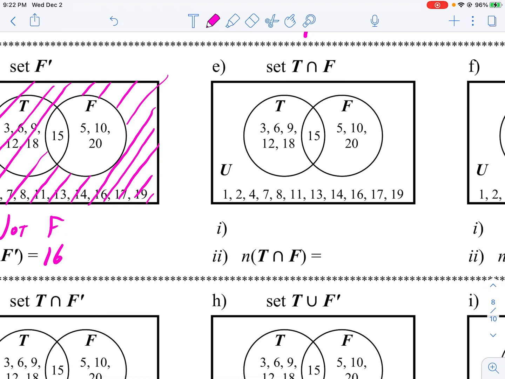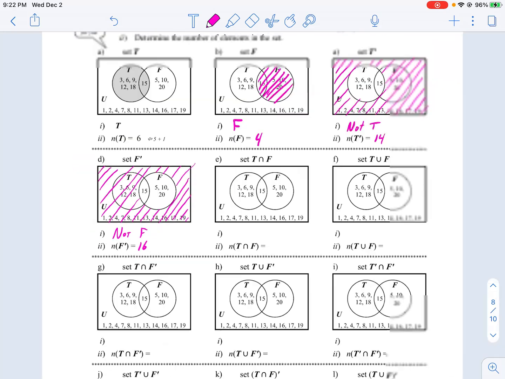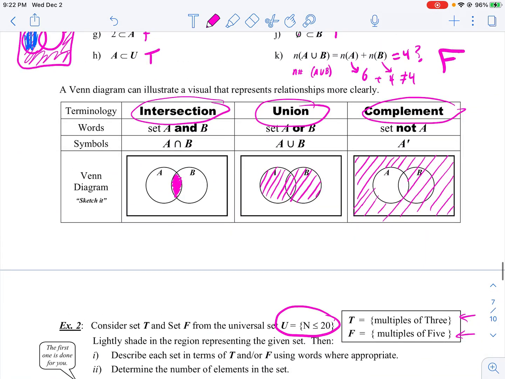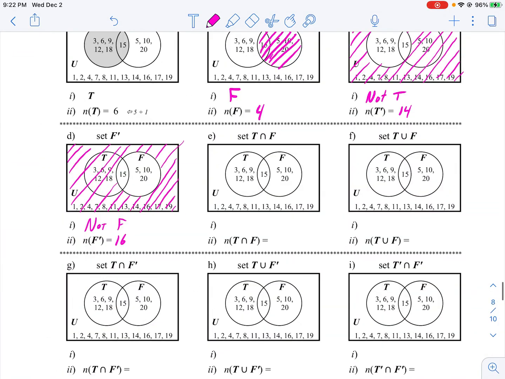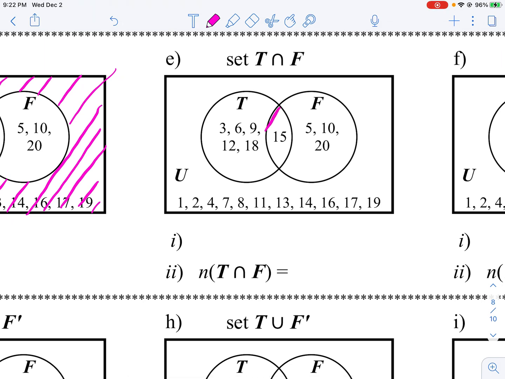Set T and F. Recall that the intersection means and. That would be where they intersect. The number of T and F is just 1. There's only one, number 15.